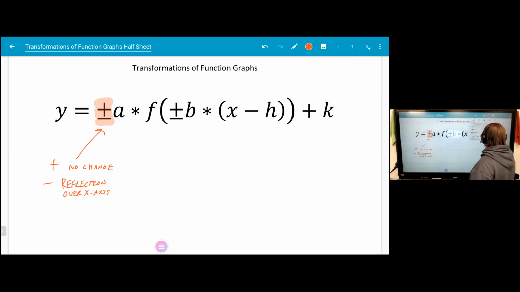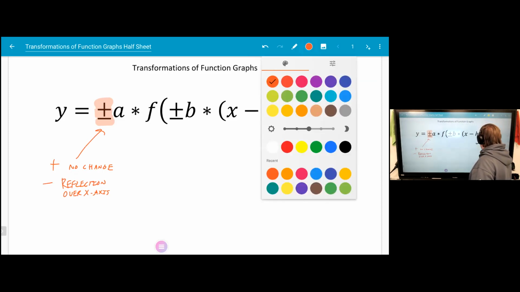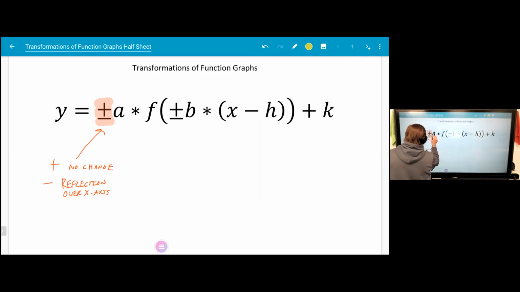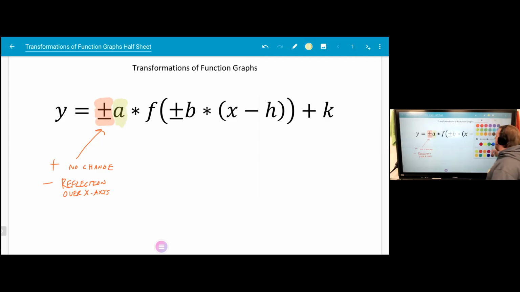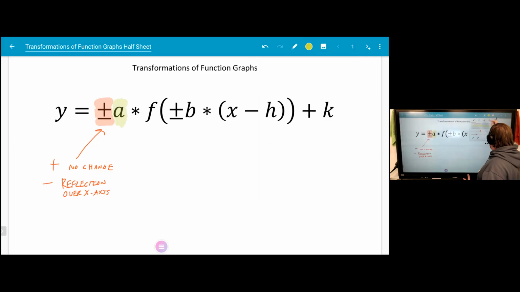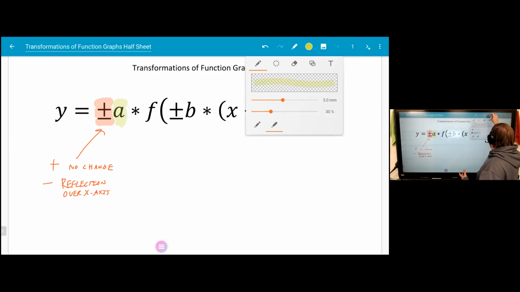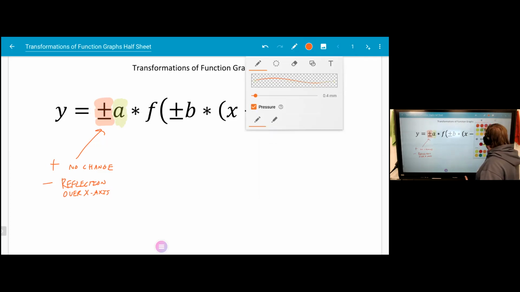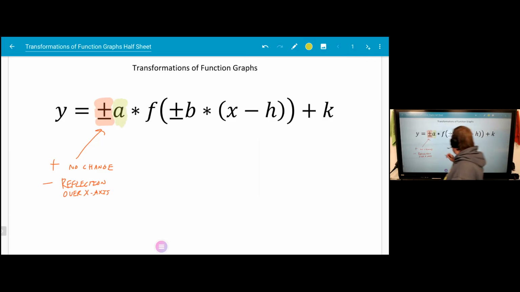Next value that we have, go with another color. We'll go with the A. This A value, again, I know it doesn't always make sense, but we're going to treat these as separate things. Treat the positive or negative as 1 and treat the A value as its own value.